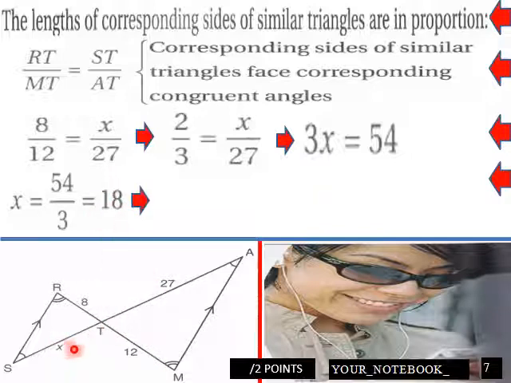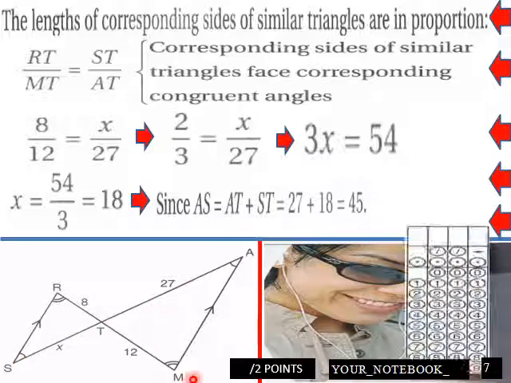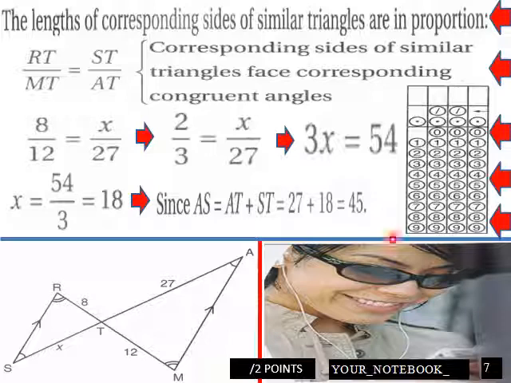So we can plug in 18 there. Since AS equals AT plus ST equals 27 plus 18 equals 45. So now we have found the length of this line here. So we plug in 45, which would be 4 and 5 here.